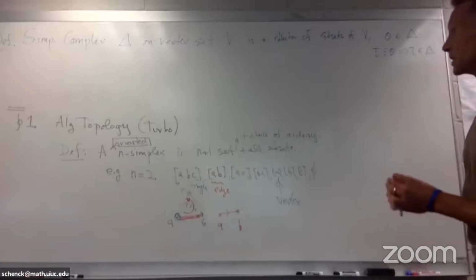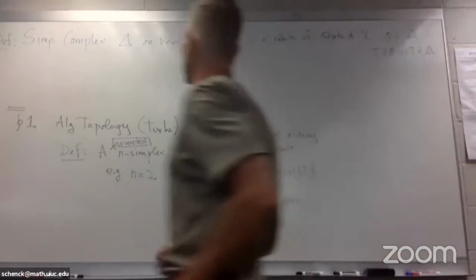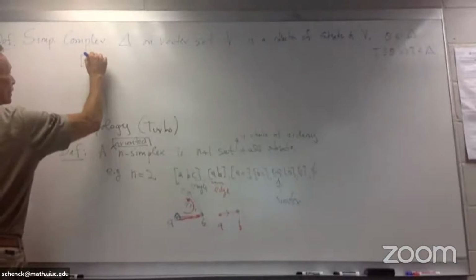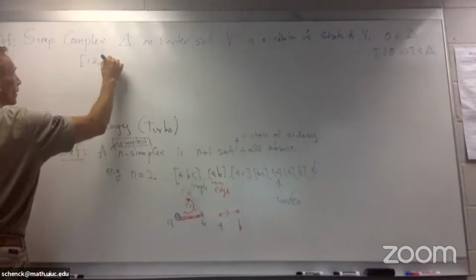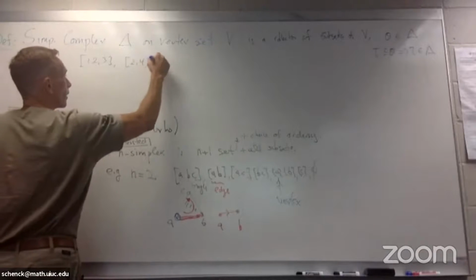So it's easier to just draw a picture and do an example than to belabor the point. So we might have something like this. So I might have 1, 2, 3, and 2, 4, and 3, 4.